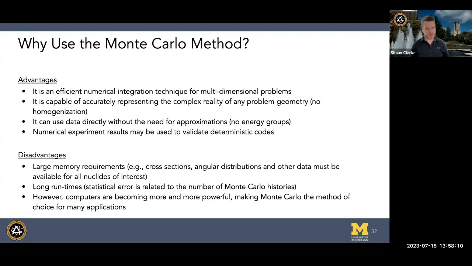Historically that has been done manually. But I know there are folks working on using neural networks to optimize the variance reduction parameters to ensure that the histories being tracked are the ones most relevant to the quantity you're trying to tally. So if you're trying to tally dose or energy in a certain region of space, how do you make sure your particles get there?